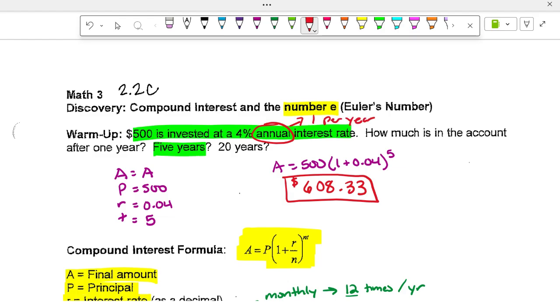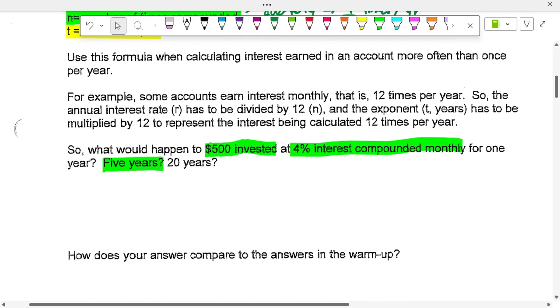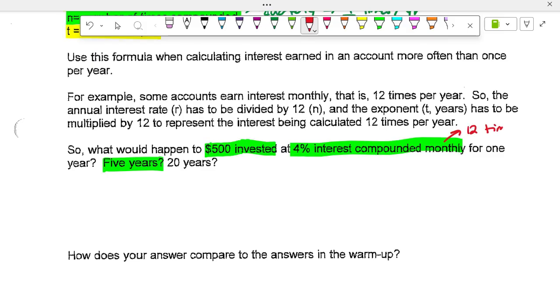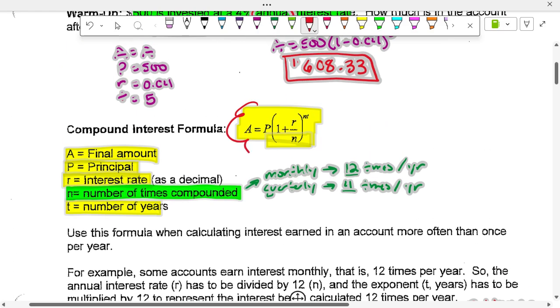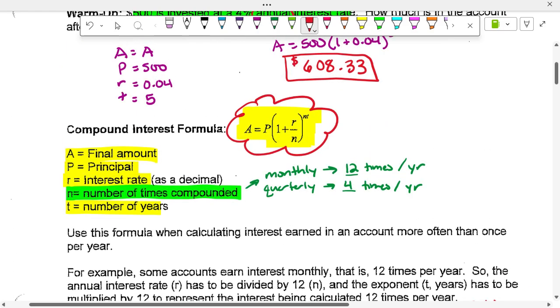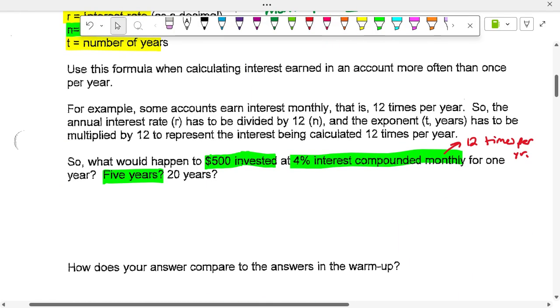Now, let's see how that differs when we compound it monthly. So how many times a year is that? 12 times per year. All right. So now, instead of using the growth formula, we're going to use this formula to plug everything in. Like we've been doing with growth, we're going to define all of our variables first.